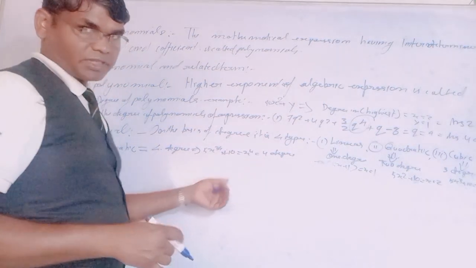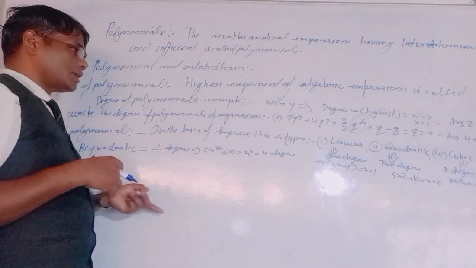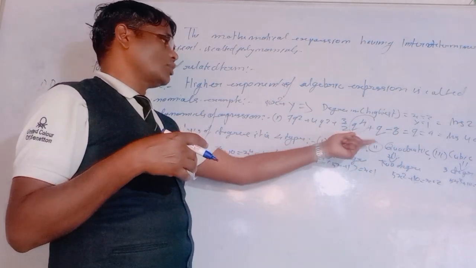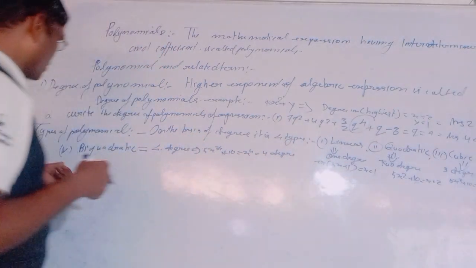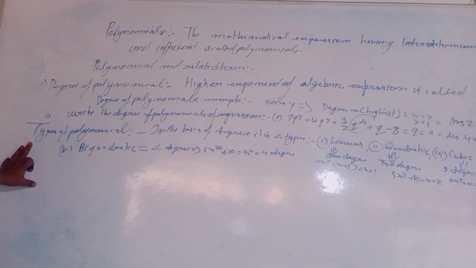These are some examples. I have given you examples so that you can understand clearly. And we have found the degree of the polynomials here. So linear, quadratic, cubic, and biquadratic. And for some questions related to this, we have to find different types.